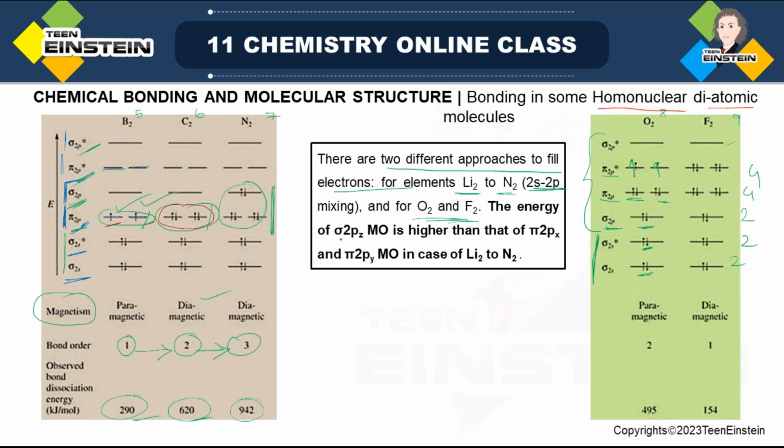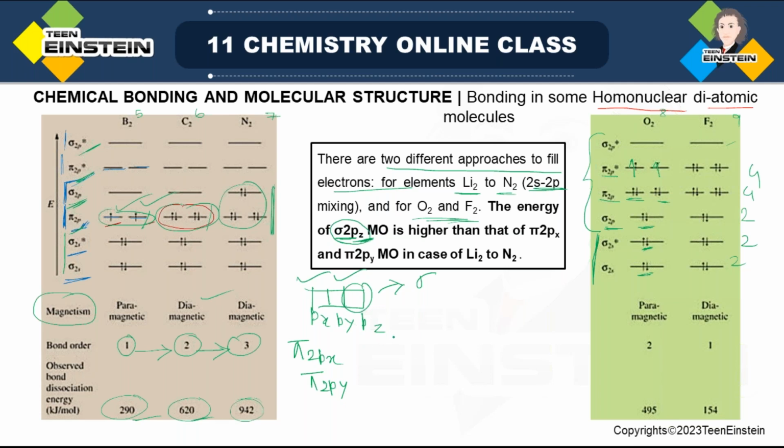So the energy of the sigma 2pz MO, why am I saying z? Because normally when you consider a sigma bond, the sigma bonding axis is considered as pz. Suppose it is px, you can also consider px for sigma, but here we are considering pz for sigma, so the sigma subscript will be 2pz, and for these two you write pi 2px and pi 2py.